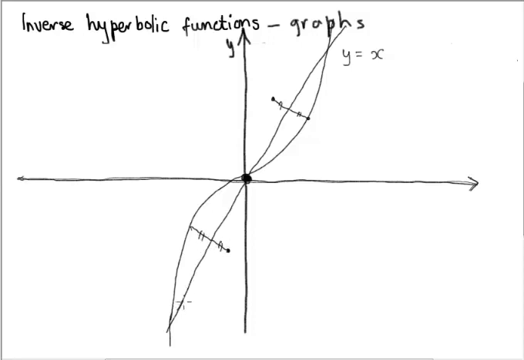This one is going to be thrown to this side, and then this distance again must be equal to that distance there. Are we following? This point is on the graph and on the graph of the inverse because it's on the mirror line. Now this one is also a point on the graph and on the graph of the inverse because it's on the mirror line. Now let's try to trace the graph of the inverse function.